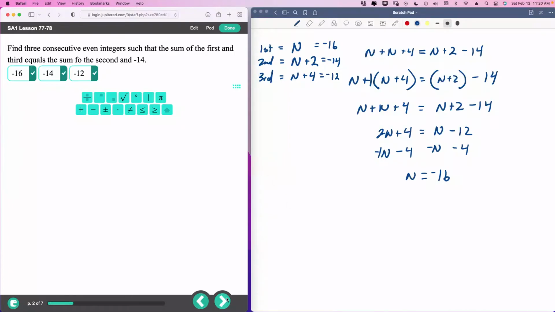When I check it, those are right. Consecutive means one after the other on the number line. So we know on the number line, negative 16, negative 15, negative 14, negative 13, negative 12. It's in this order from left to right.